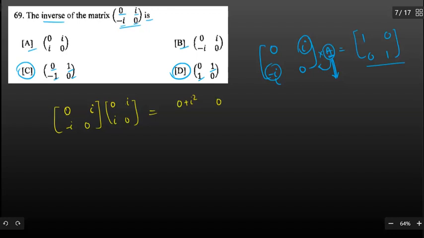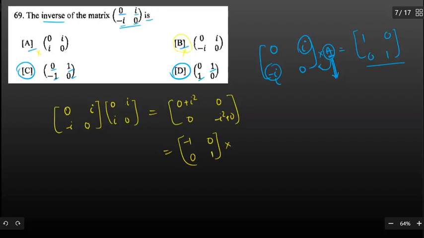Then third item will be minus I into 0 plus 0 into I, that is 0. And fourth item will be minus I into I, that is minus I square plus 0 into 0. So minus I square plus 0, which gives us 0 plus I square, that is I square, and value of I square is minus 1. This is 0, this is 0, and this is minus of I square. Okay, minus of I square means 1. So this is clearly not identity matrix. So A is not our answer, and correct answer is option B.